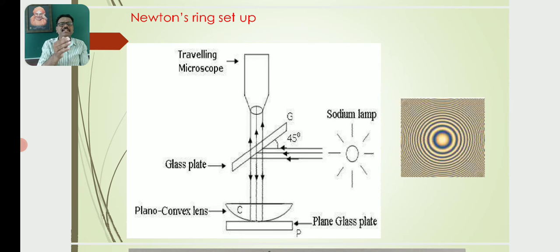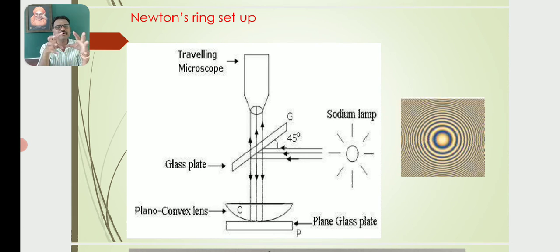If viewed with the help of a traveling microscope or eyepiece, we can observe the bright and dark rings, as shown in the right diagram.